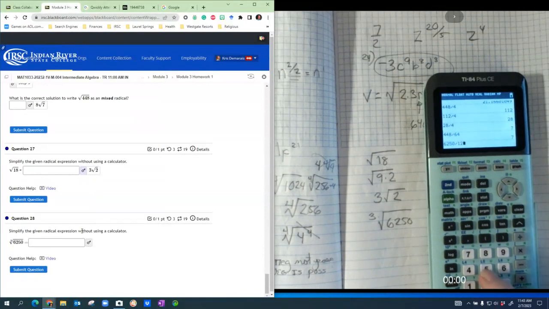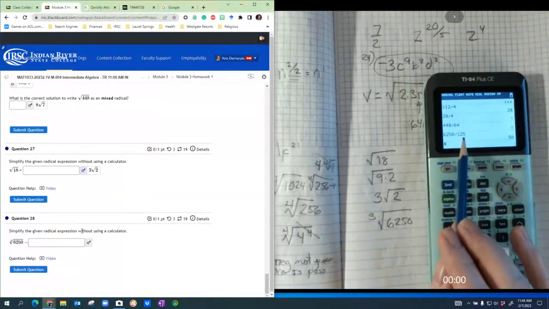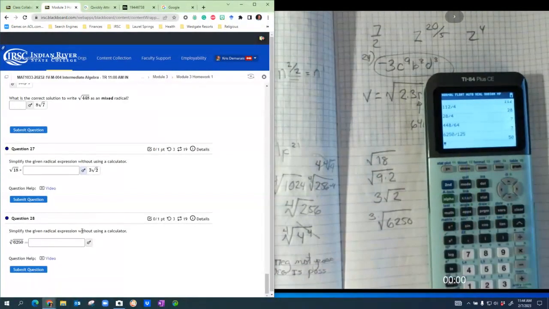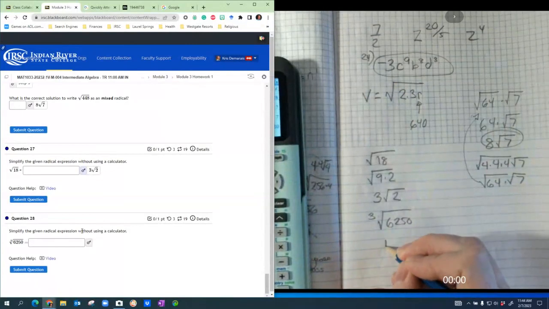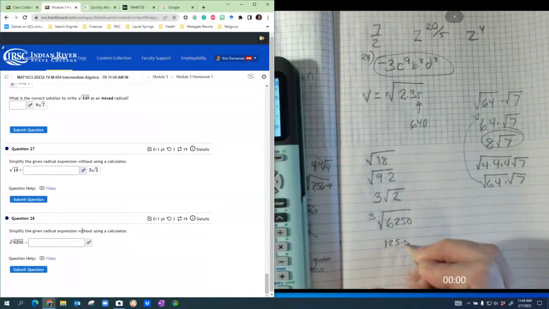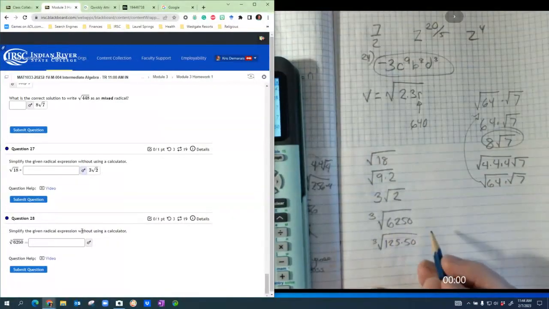I'm going to divide it by 125 because it ends in 250, so I figured it probably is divisible by 125, and it is. And the cube root of 125 is 5. So what we end up with is 125 times 50 is the value of 6250.